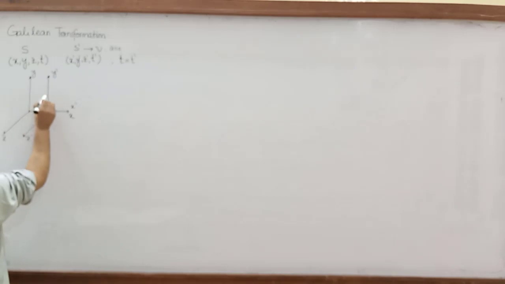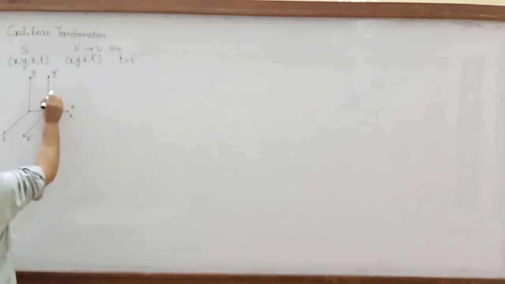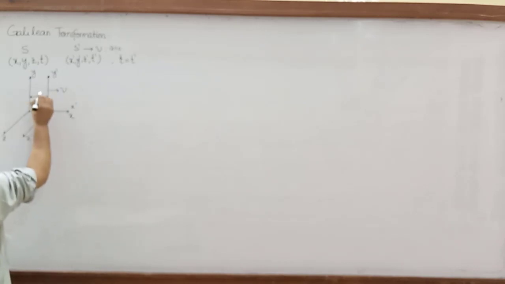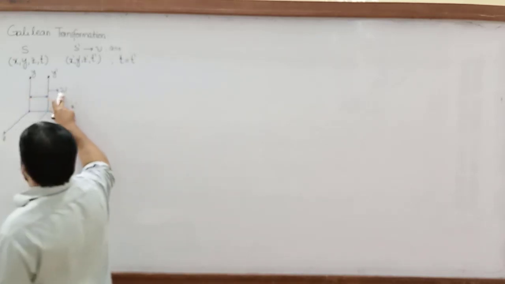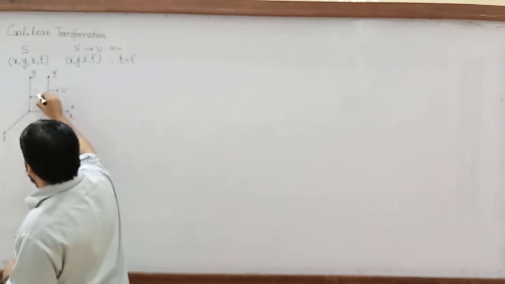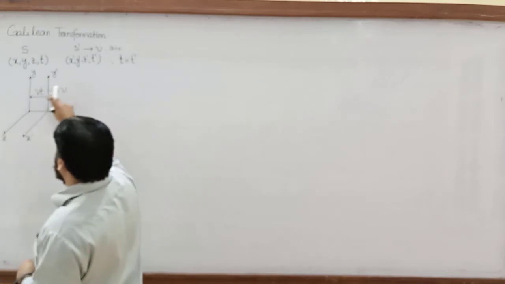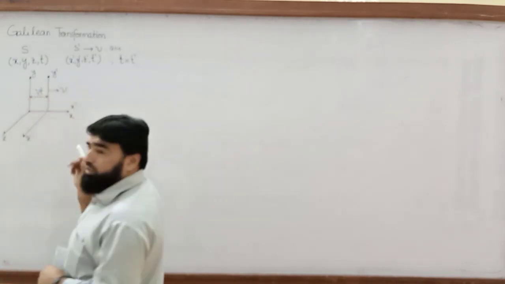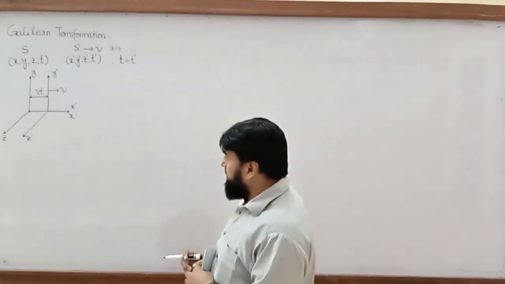So this frame is actually moving at speed v, and now this is the distance it has covered, and this covered distance is the speed multiplied with the time.